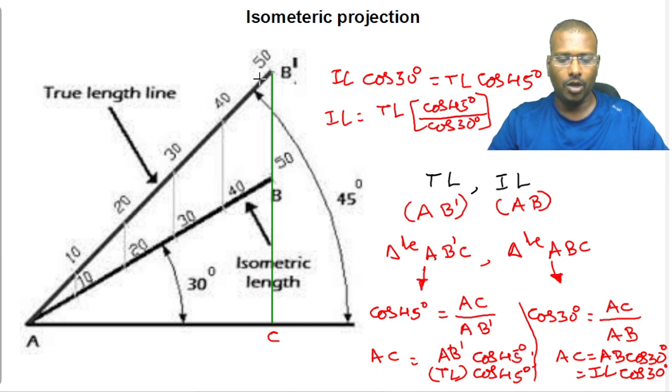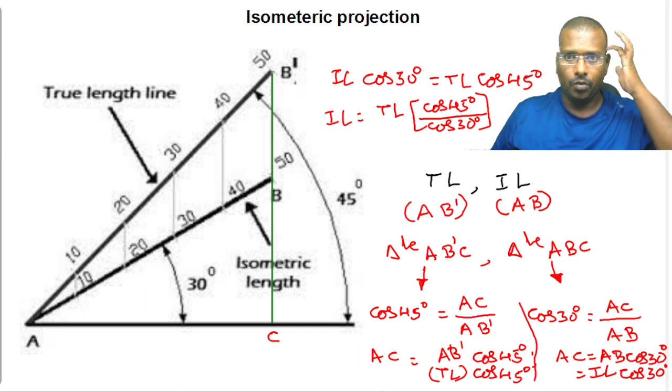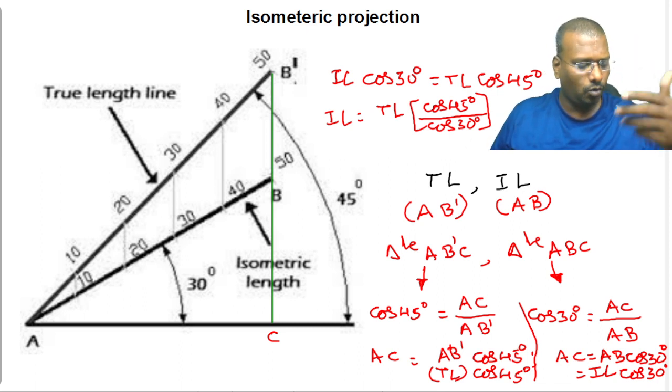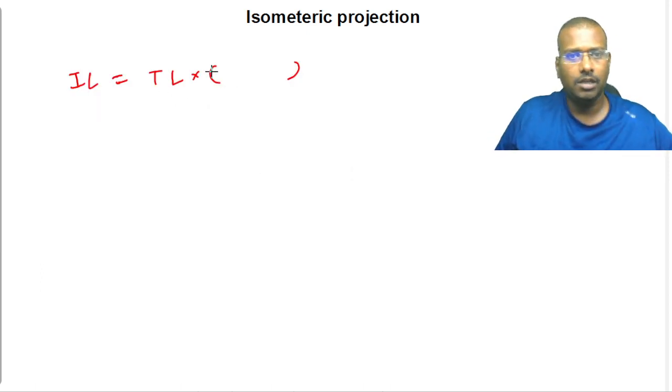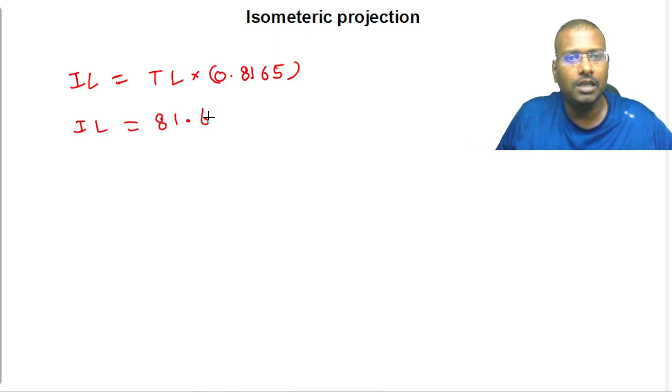How much value are you going to get? 0.8164, so we can write 0.8165. Therefore, we can write isometric length is equal to 81.65 percent of true length.